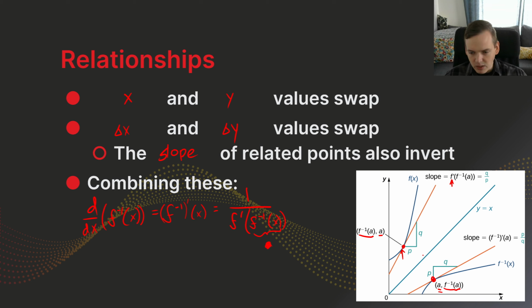Well, this x value is going to be the y value of my inverse function. So that's why I plug that in to my derivative, because the derivative here is the derivative of the function with the inverse value plugged in, and that gives me q over p, and that's 1 over what I actually want, which is this slope here.